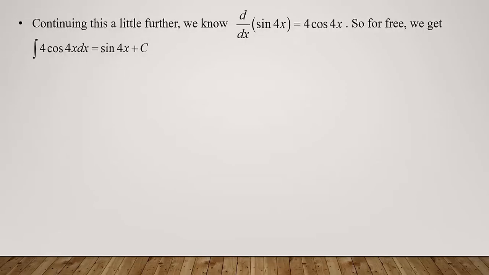So let's continue this just a little bit further. All right, now we know the derivative of sine 4x is equal to 4 cosine 4x. We know that because, when you do the chain rule, the derivative of sine 4x gives you cosine 4x times 4. So for free, we know the antiderivative, or the integral, of 4 cosine 4x dx is sine 4x plus c.